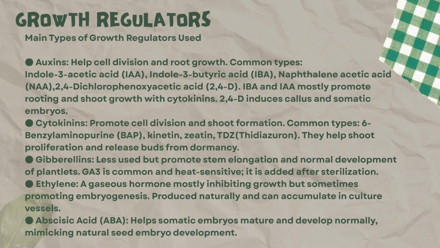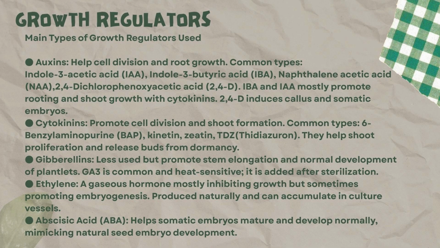So among these auxins, IAA and IBA mainly help with rooting and shoot growth, especially when paired with cytokinins, while 2,4-D is widely used to induce callus and somatic embryos.